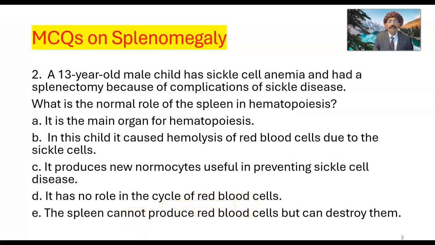No, it has role. E. The spleen cannot produce red blood cell but can destroy them. No. It is also a site of hematopoiesis, so RBC may be produced in the spleen, and it also destroys the RBC. It is a graveyard for RBC.